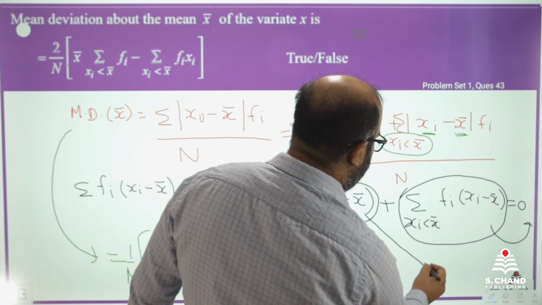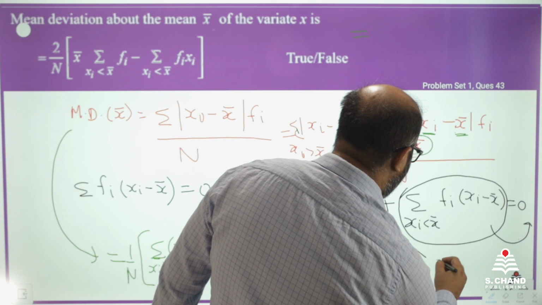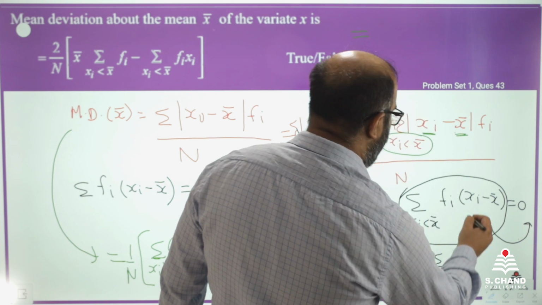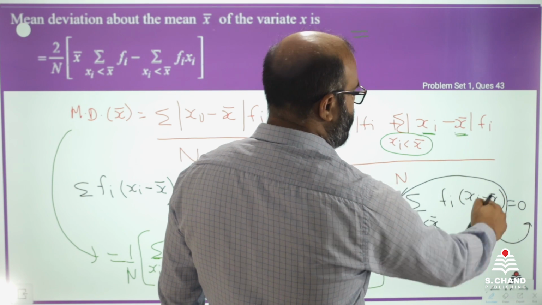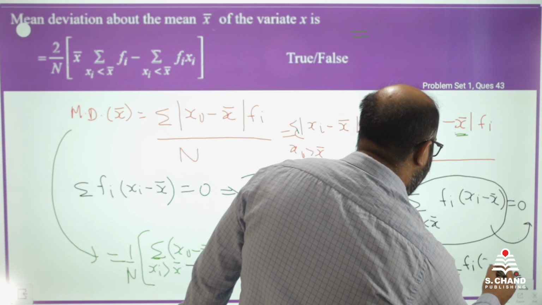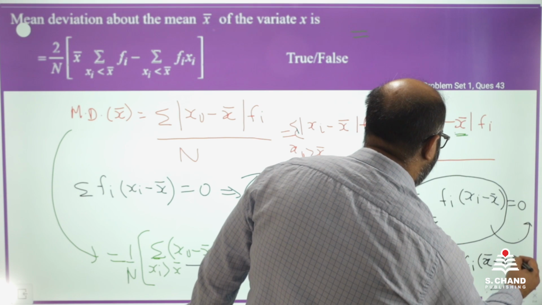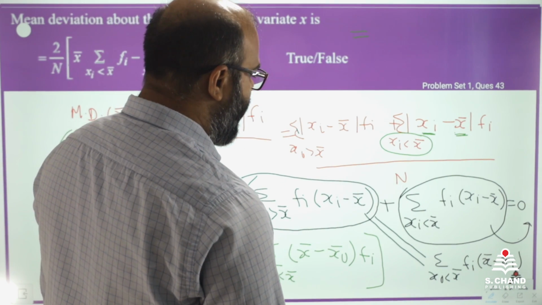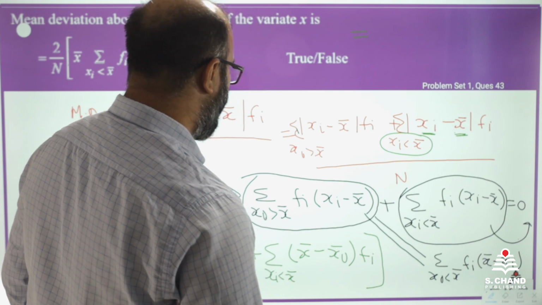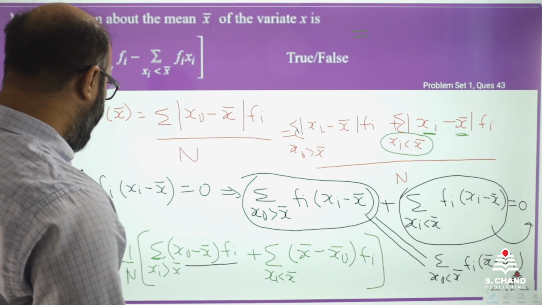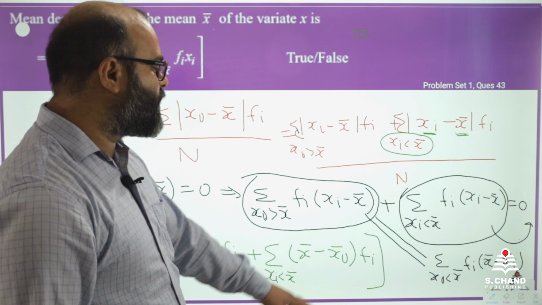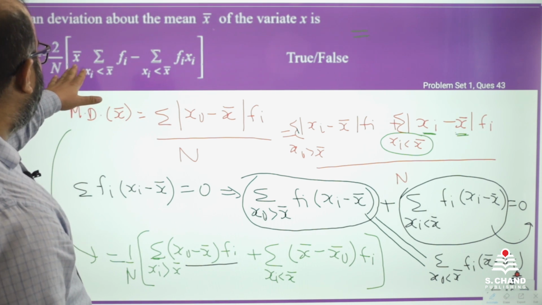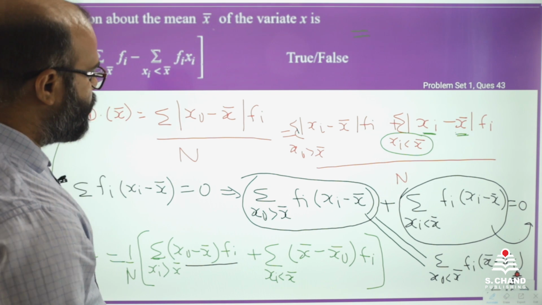So you can say that this is equal to sigma over xi less than x mean, and this will reverse, so fi times x mean minus xi, when xi is less than x mean. Now you can either replace this one or that one. So when you see the result which is coming, according to that xi less than x mean is taken.